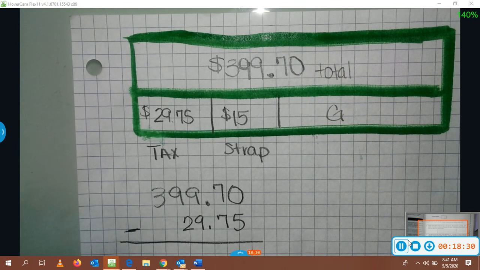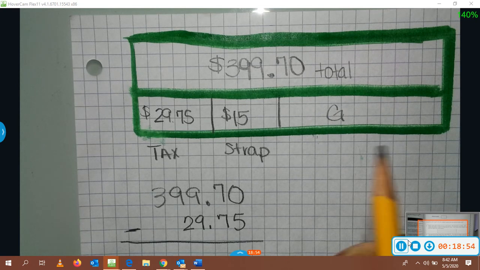So let's begin to subtract. 70 minus 75, can we do that? No, we cannot. So we would have to go over and borrow $1 from the tens place and then add that dollar back to the ones place. Did you do that? Okay. So this is how we would do it.